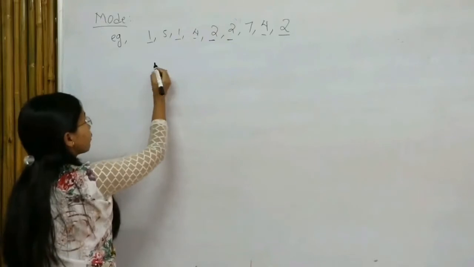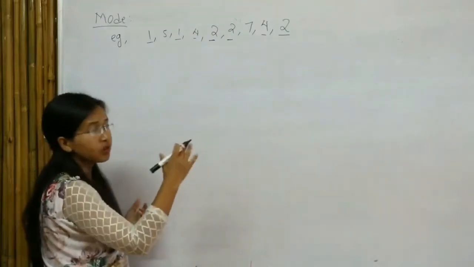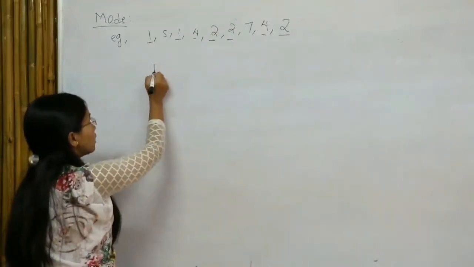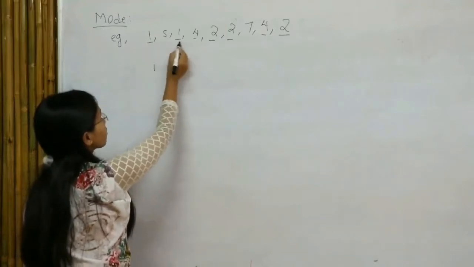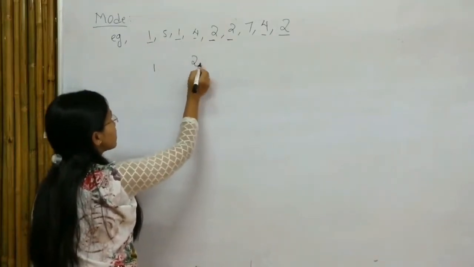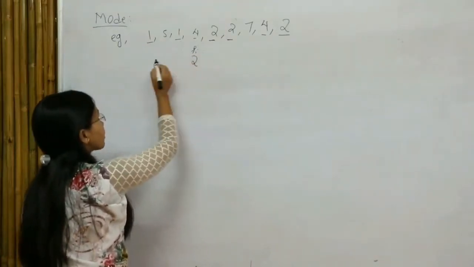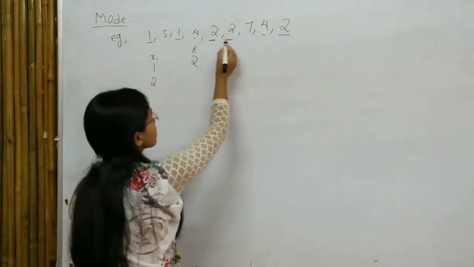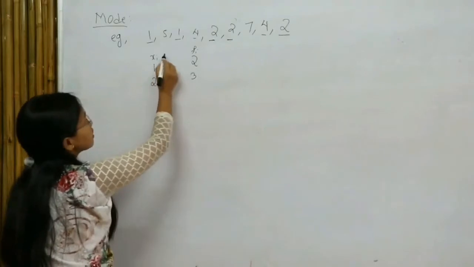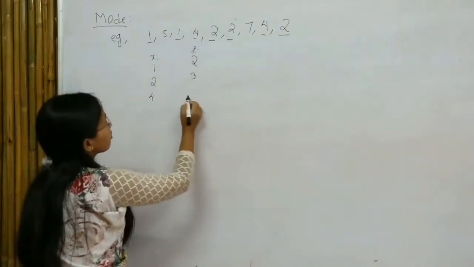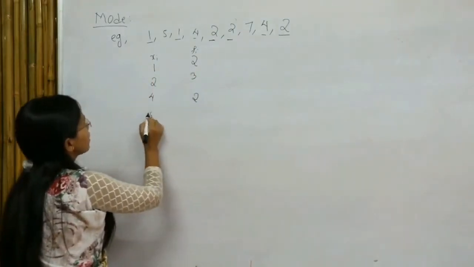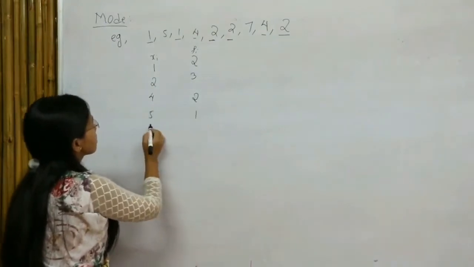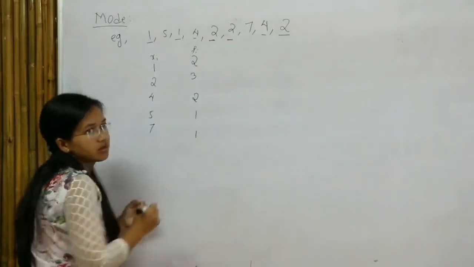Or if we arrange in terms of a frequency distribution table, let's say xi is 1, and 1 appears how many times? 2 times. So these are all frequency. And 2 here appears 3 times. We have 4 appearing 2 times, 5 appearing only once, 7 appearing only once.